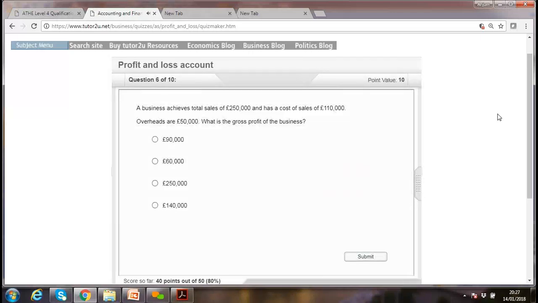Okay, next. A business achieves total sales, cost of sales and overheads. What will be the gross profit? Gross profit comes from sales minus cost of sales. So how much will be the gross profit then? Sales less cost of sales equals gross profit. Yes, please.